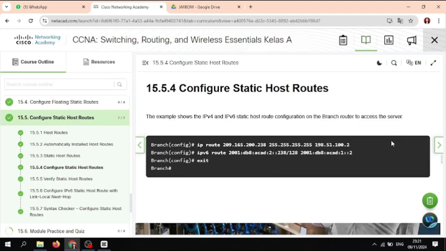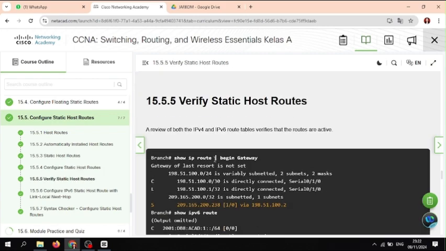Next, mengonfigurasi rute host statis. Jadi untuk mengonfigurasi rute host statis IPv4 dan IPv6 pada router cabang untuk mengakses server, dapat menggunakan command seperti ini. ip route, kemudian masukkan IP-nya, dan ipv6 route seperti ini, dan exit.